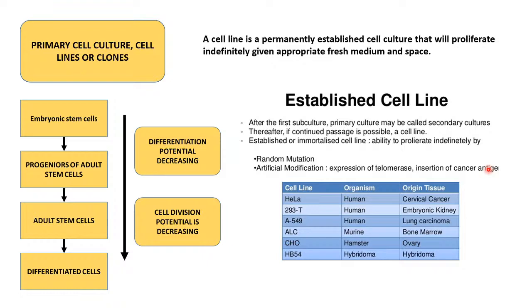And I can make you immortal by giving you some mutations, by pressurizing you to be cultured again and again, by expressing the telomerase, by inserting the cancer antigen. After that, you will be able to grow for infinite time, but with a little drawback.